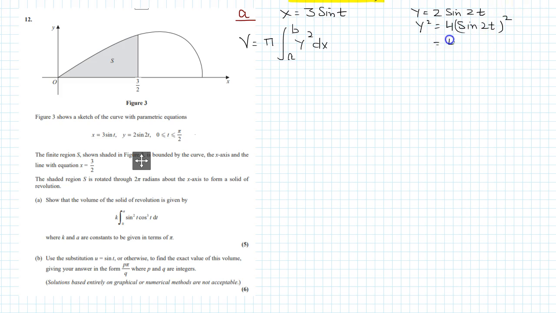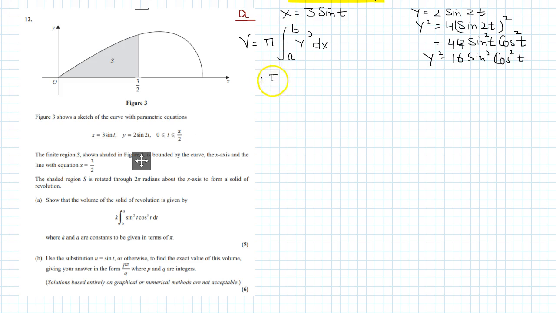That is 4 times sin 2t and sin 2t, so that is 2 sin t cos t, square. So this is 4 sin square t cos square t. So y square is equal to 16 sin square t cos square t.